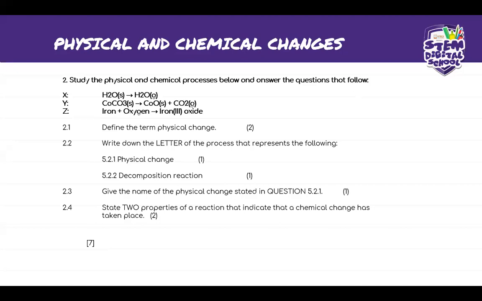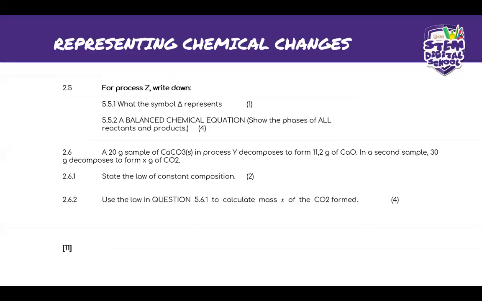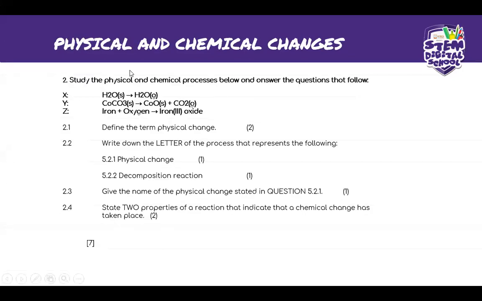Write down the letter of the process that represents number 1, the physical change, and number 2, the decomposition reaction. So number 1 will be X. Why is it X? Because you see here, it's H2O solid changed into H2O gas, but the molecules are still intact. The chemical that makes H2O is still the same on both sides, right? And then decomposition is Y, because remember, a big body broken down into small little bodies. It is a decomposition reaction.